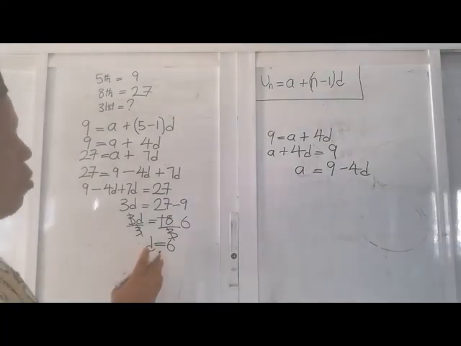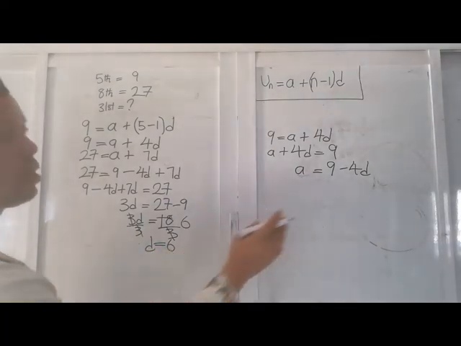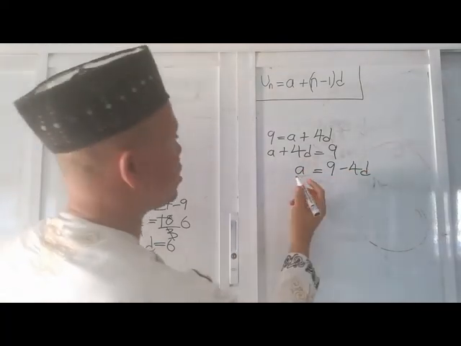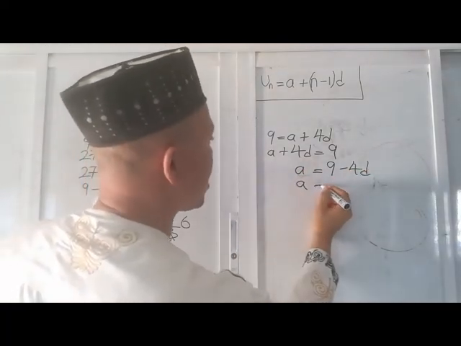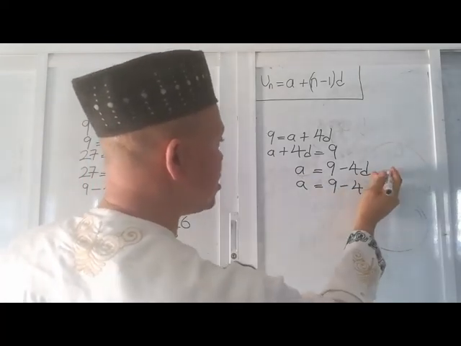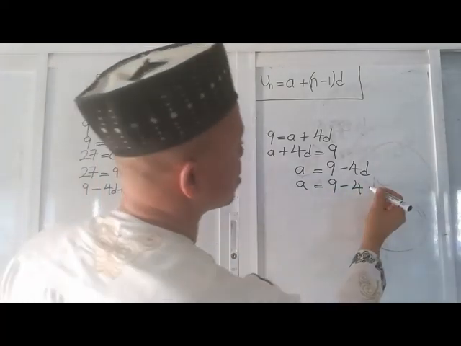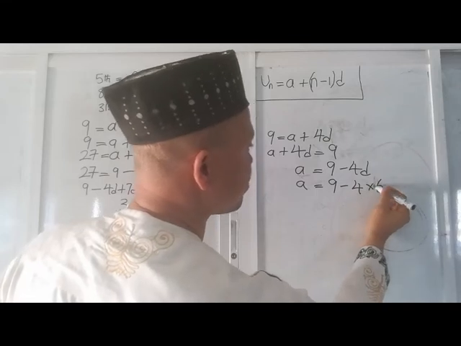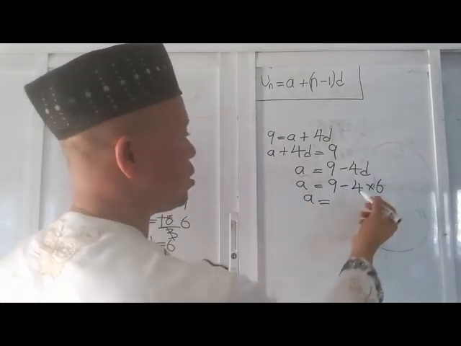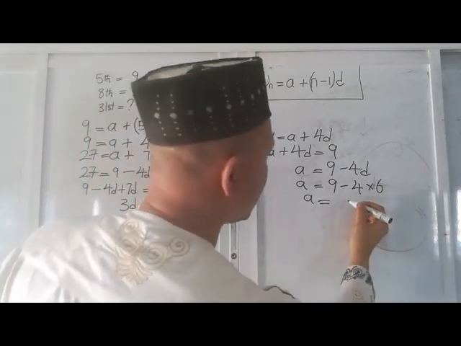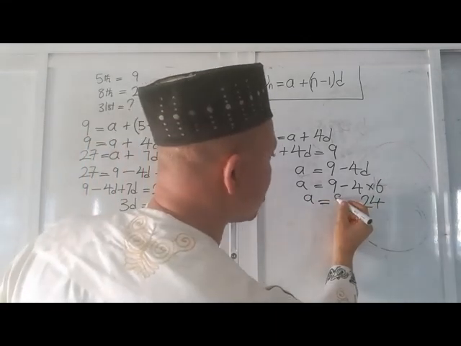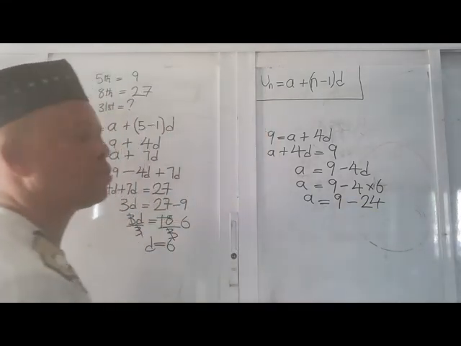Now, if my common difference is 6, I can find my A using this value. Very simple, isn't it? A will now be 9 minus 4 times D, and my D is 6. 4 times 6 will give us 24. 9 minus 24.